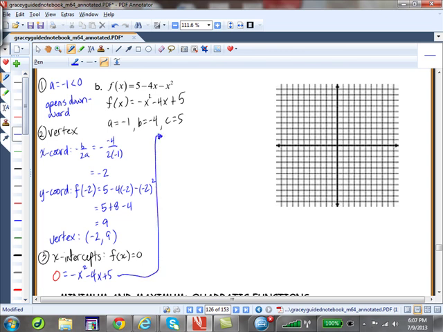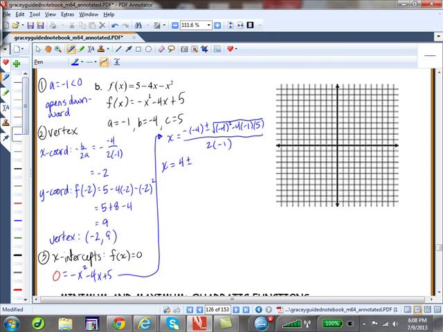So coming up here, again, I'm just going to go ahead and use the quadratic formula. So x is equal to the opposite of b plus or minus the square root of b squared minus 4 times a times c all over 2 times a.